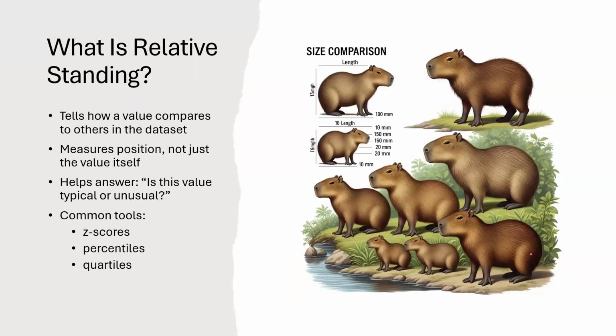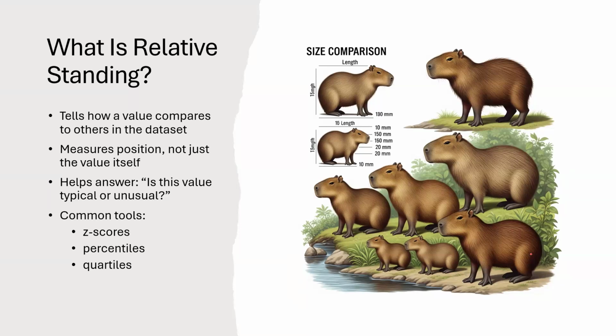Sometimes we don't just care about the value of a data point. We want to know how unusual it is compared to the rest of the group. Relative standing tells us how a single data point compares to the rest of the group. It helps answer questions like, is this score high or low? Is this person above or below average?